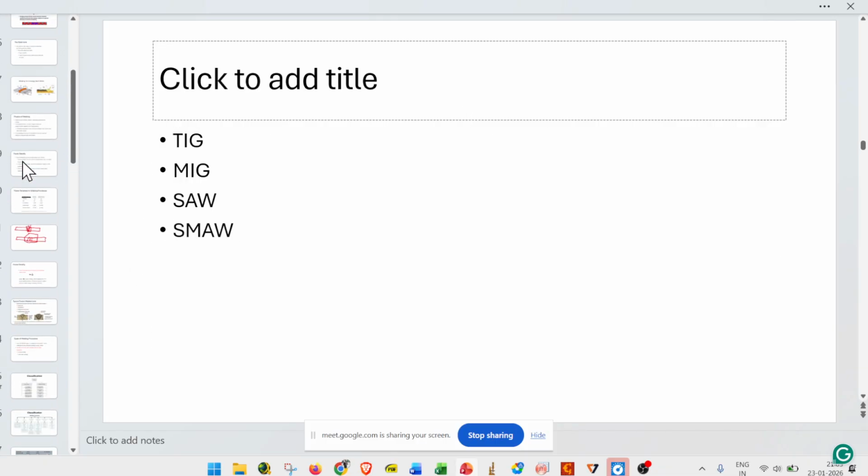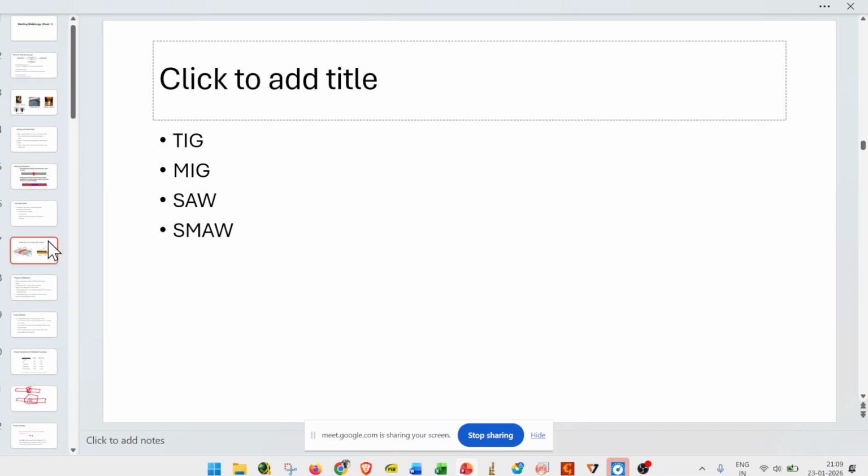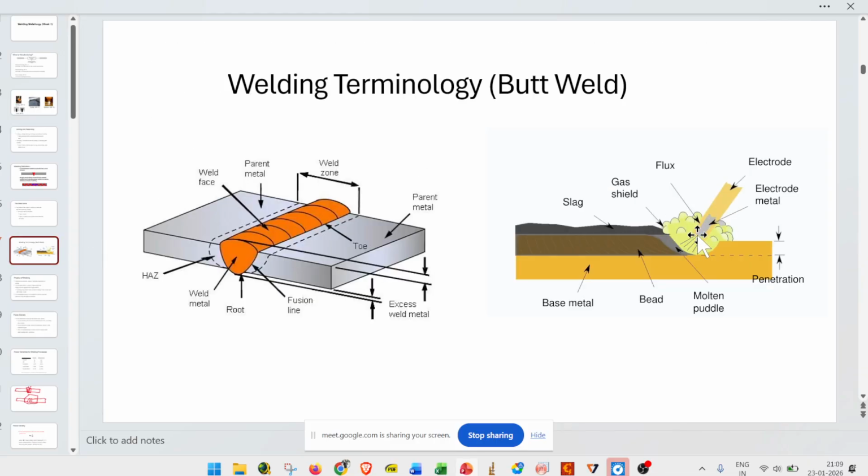Why do we call it shielded? This shielded metal arc welding is what we generally see at home or at any nearby welding shop, where the electrode has a certain kind of coating on it, which we call flux.